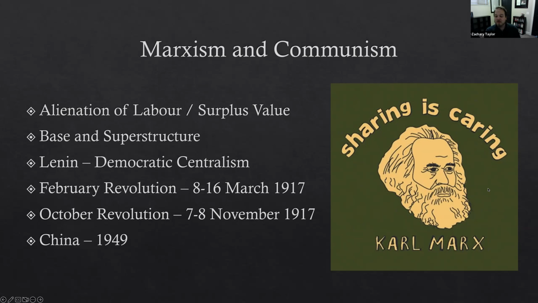But Marx and, we have to talk about Engels, his best buddy, were fans of the socialist movements that were happening in Europe at the time. So back in the 1800s, there was a rise in this sort of soft socialism.